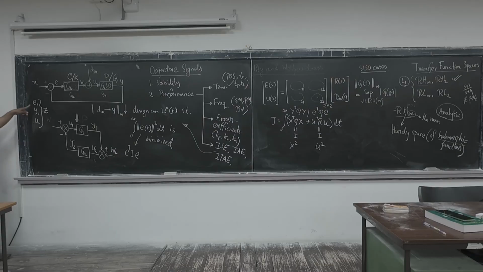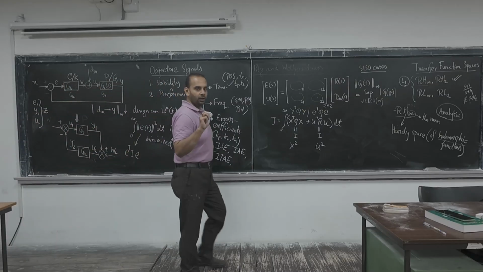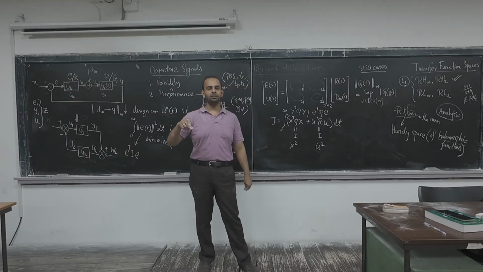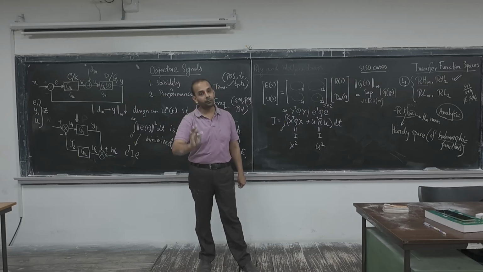Once again, if it is an error minimization problem, then E is your objective. If it is a disturbance attenuation or tracking problem, then Y is your objective. If it is an energy minimization problem, then U is your objective signal. So each of them can be a Z. Z is not a separate signal. Actually, one or some of them are classified as the objective depending upon your requirement.